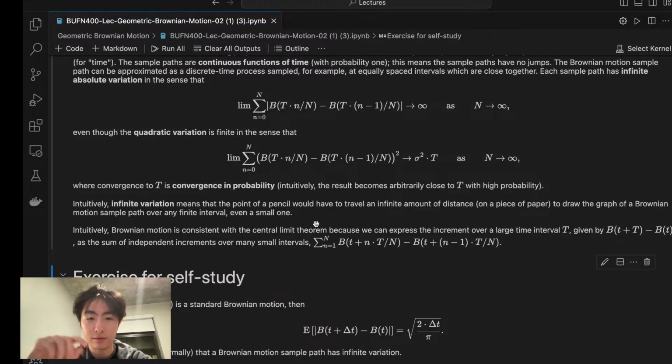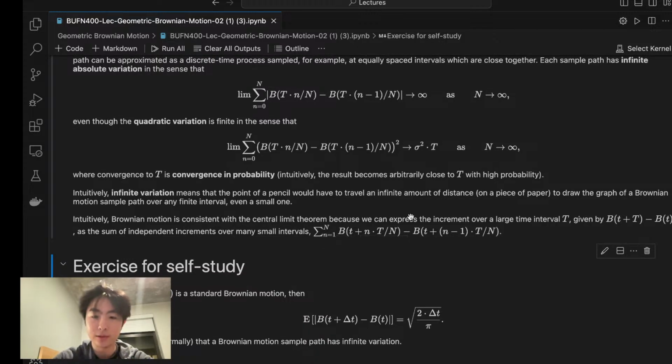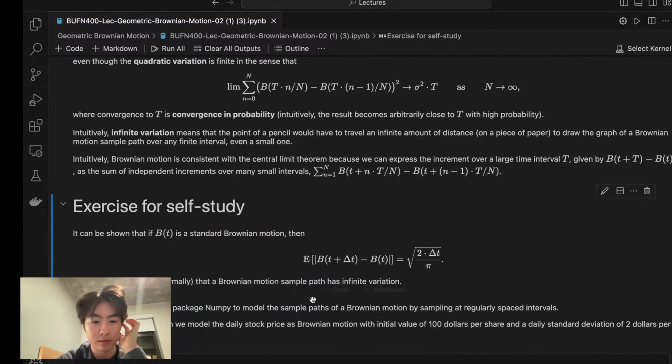So you have an infinite number of numbers in between, let's say 0 and 1 in a continuous function, or in a continuous graph. So intuitively, okay, using increments t plus t minus t, sum of independent increments over many time intervals.